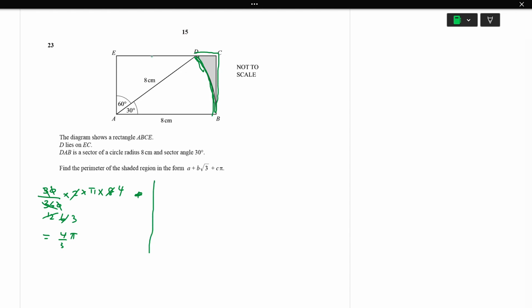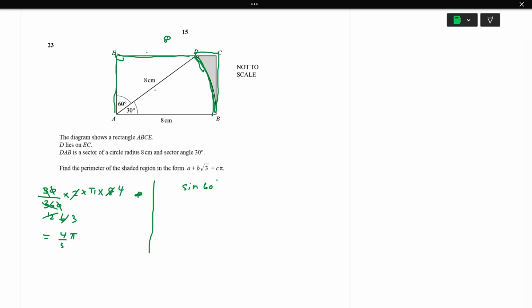Next, here the entire length is 8. So first I'll find out here to here, take away from 8. So I can use this triangle. This is a right angle triangle because it's a rectangle. So I need to find ED. ED, this is angle, so opposite over hypotenuse. So I need to use sine.